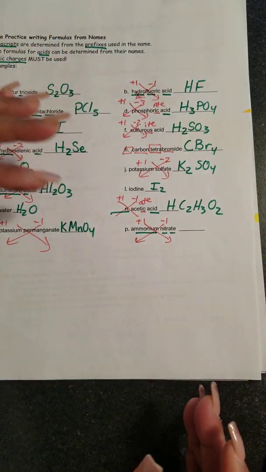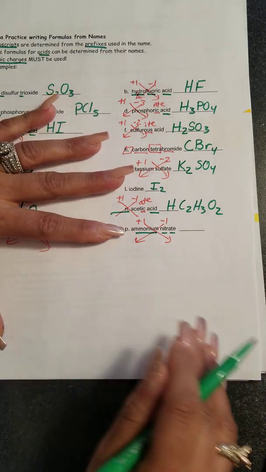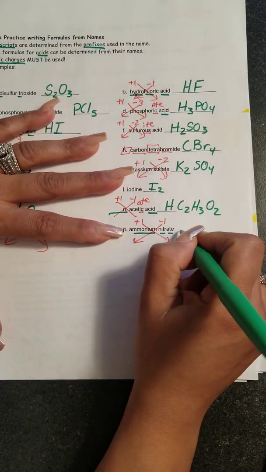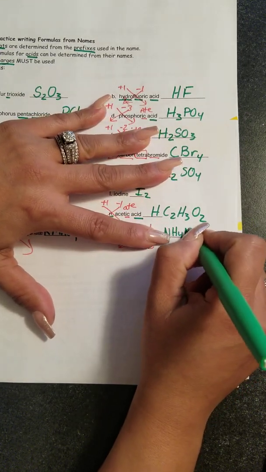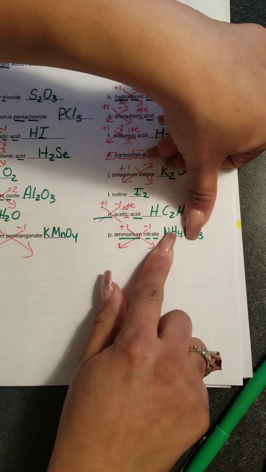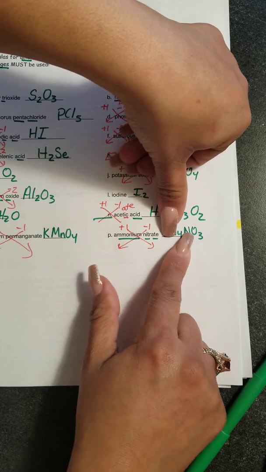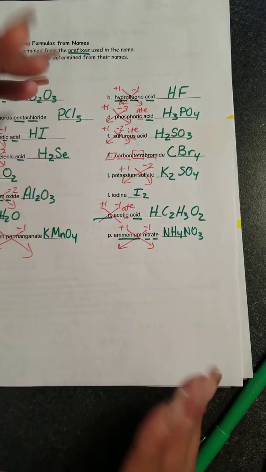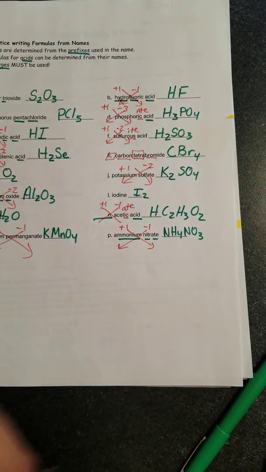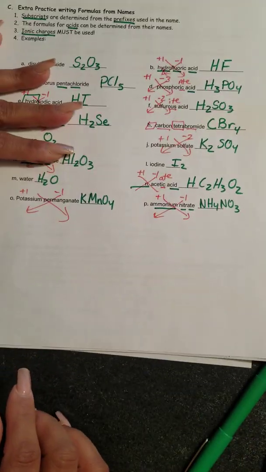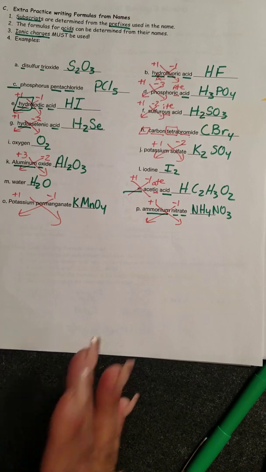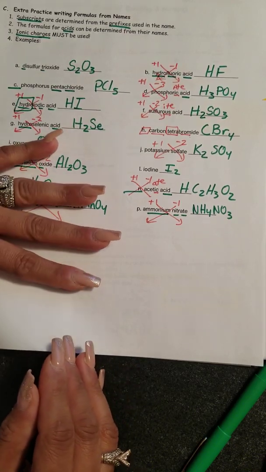We don't put anything for 1 because they're invisible, so that means no parentheses are needed. That's going to be NH4NO3. And so this is one group, and that is one group, but we still don't use parentheses to separate them or anything because we need to know that this is a polyatomic and that is a polyatomic when we see that. All right, other than that, now all of the notes are done and complete.